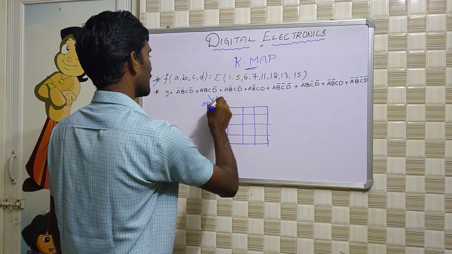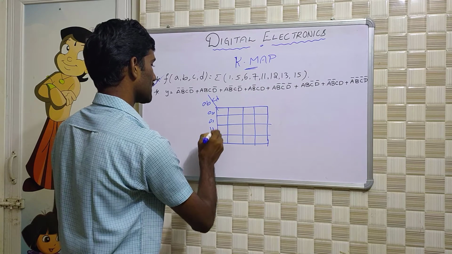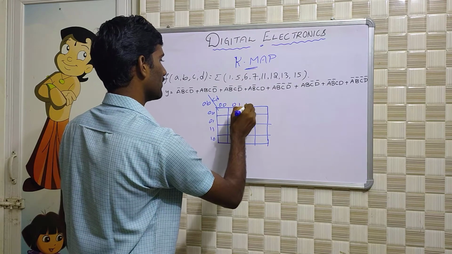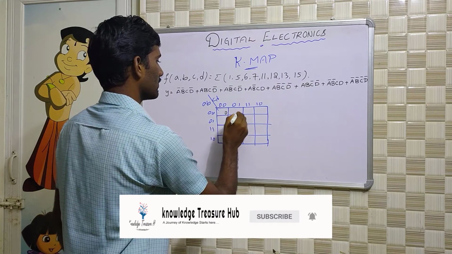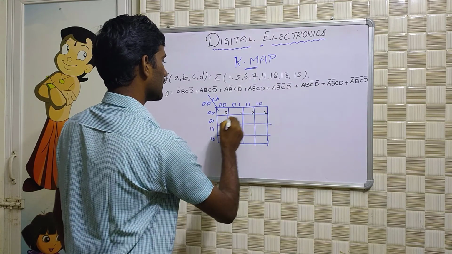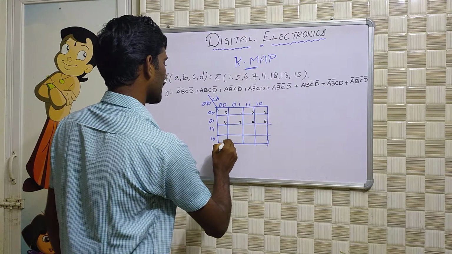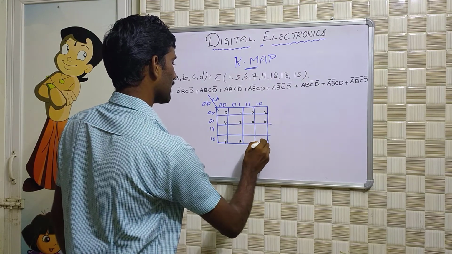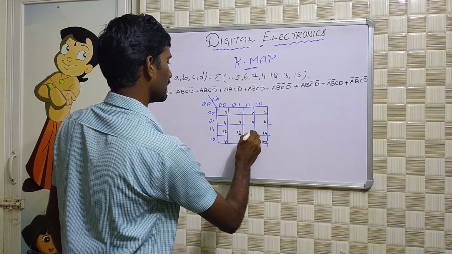A, B, C, D, right? So 0 0, 0 1, 1 1, 1 0 for AB, and 0 0, 0 1, 1 1, 1 0 for CD. The cells are numbered 0, 1, 2, 3, 4, 5, 6, 7, 8, 9, 10, 11, 12, 13, 14, 15.